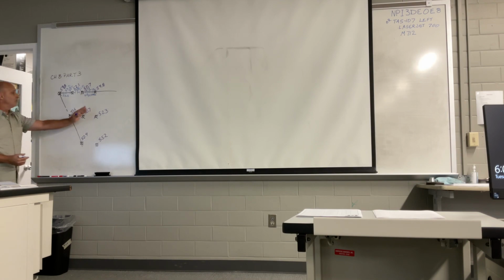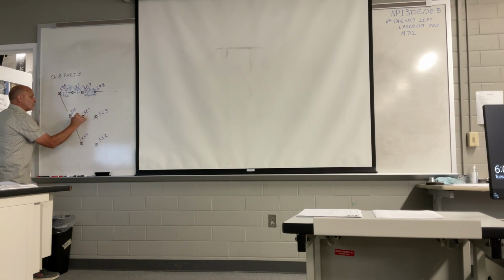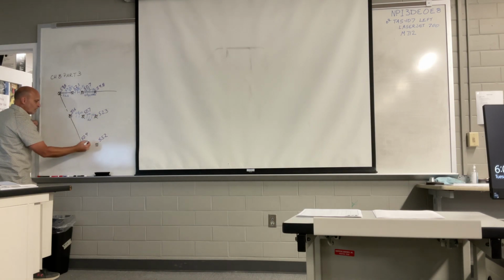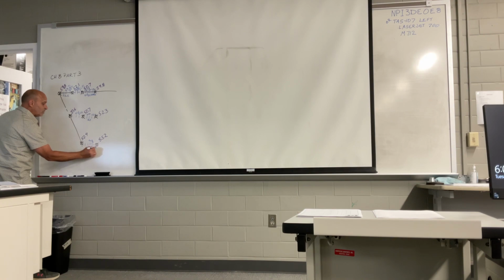After I go through and do all of these in both directions, this one would have 51.0, 51.5. Between these two, 51.0, 51.5, 52.0. Between these two, 52.5, 53, 53.5, 54, 54.5, 55.0.